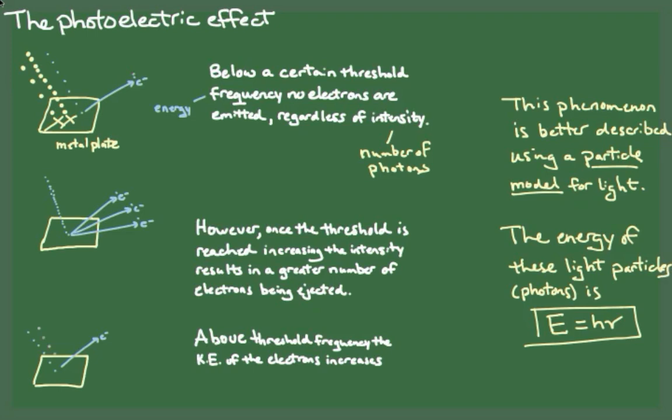We go to a higher frequency represented by the purple light, and now, boom, electrons with greater kinetic energy are ejected. And this kinetic energy is equal to the energy of the light, Planck's constant times the frequency, minus the work function for the metal, which is basically the energy required to remove an electron from the material.